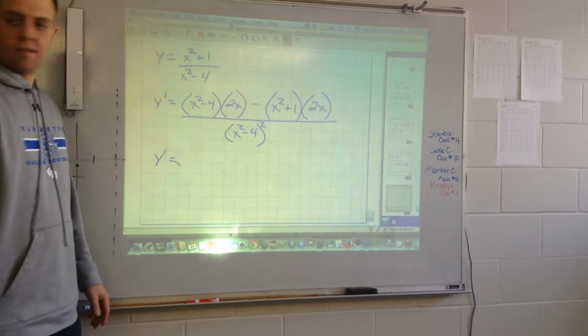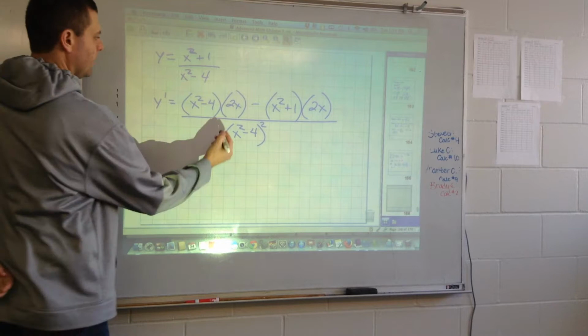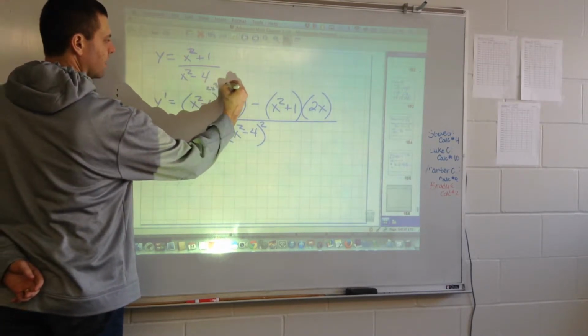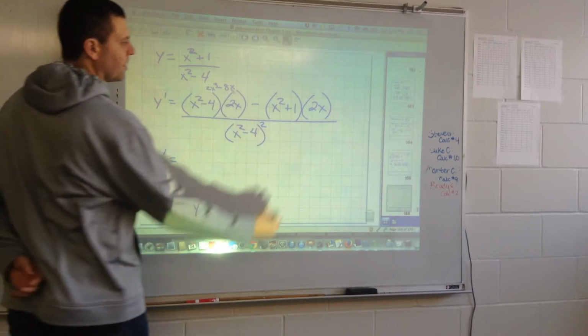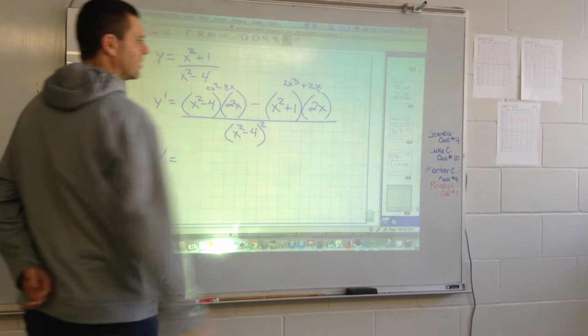What is this again that we're doing? We're finding the increasing and decreasing intervals. In order to do that, we need to do the first derivative, find our critical points, and then test. This right here is 2x cubed minus 8x. This right here would be 2x cubed plus 2x.